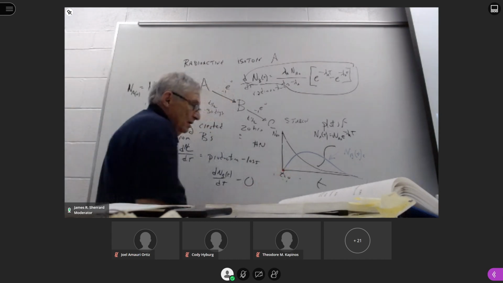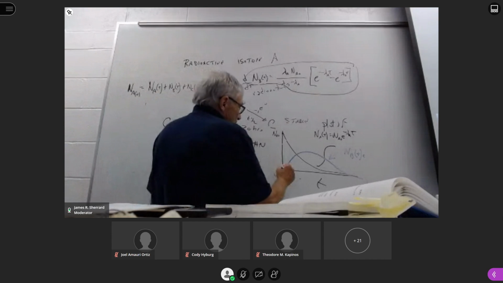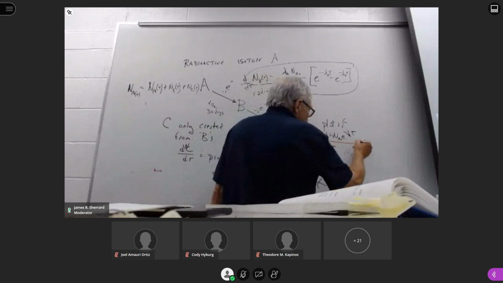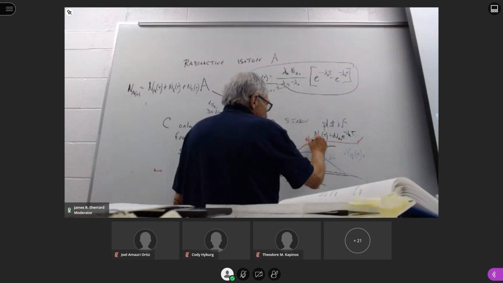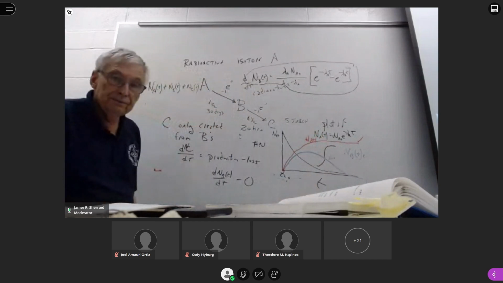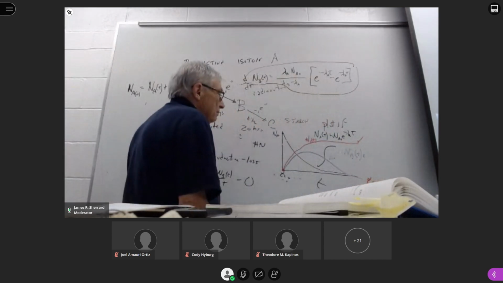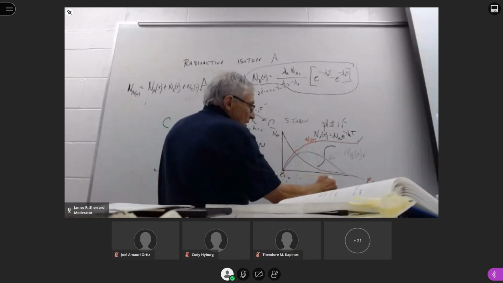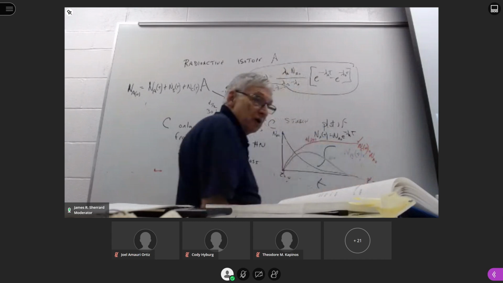We have none, because everything is an A. As time increases, the C's will also increase, so that when we go out towards infinity, that plot is going to look like this, where this is N of C with respect to time. At time equals infinity, all of the A's will have become B's, all of the B's will have become C's. So at time equal to infinity, the number of C's will be exactly the number of A's that you started with.